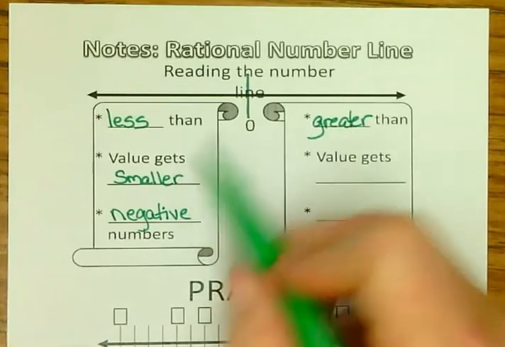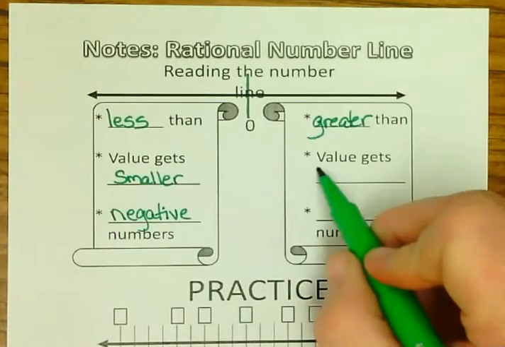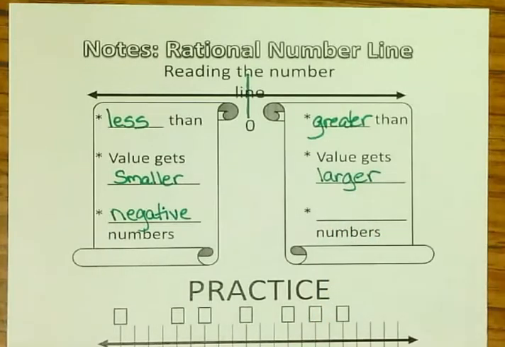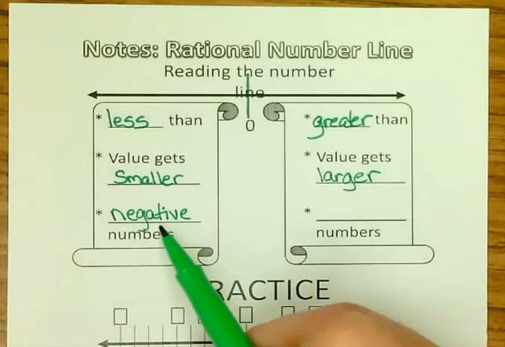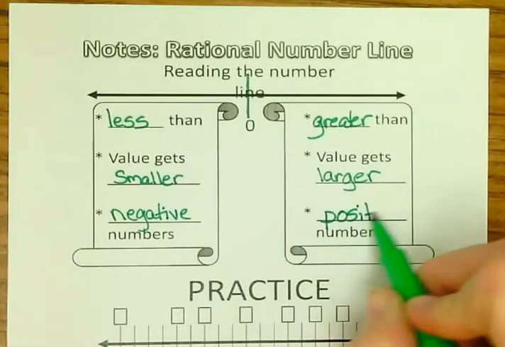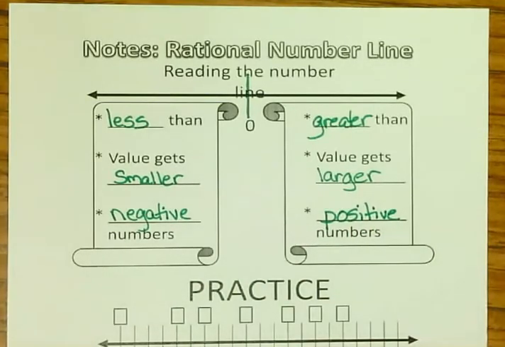And if the values are getting smaller to the left, then that means they're getting larger to the right. And the left side is negative numbers, therefore the other side is positive numbers, okay? Opposites. Too easy, right?